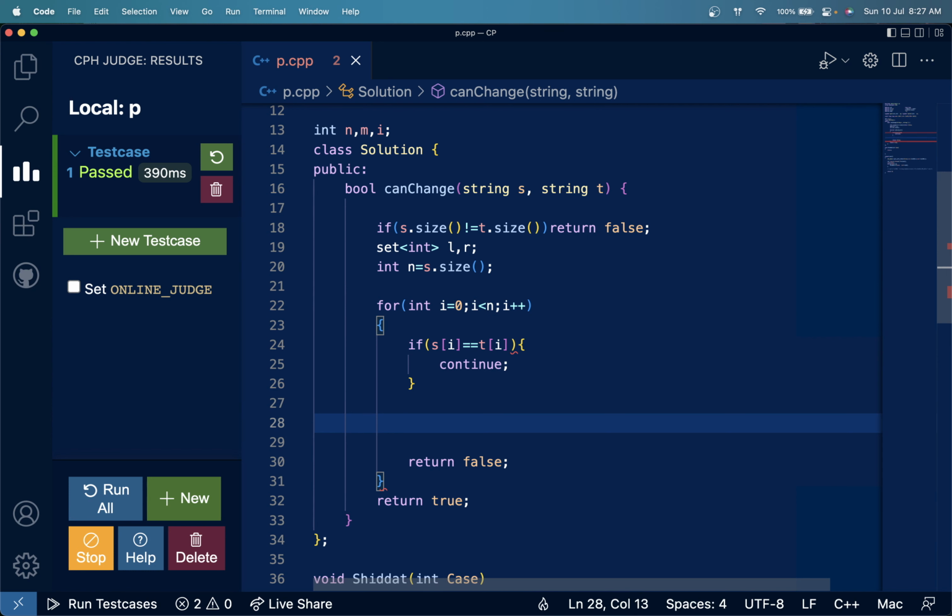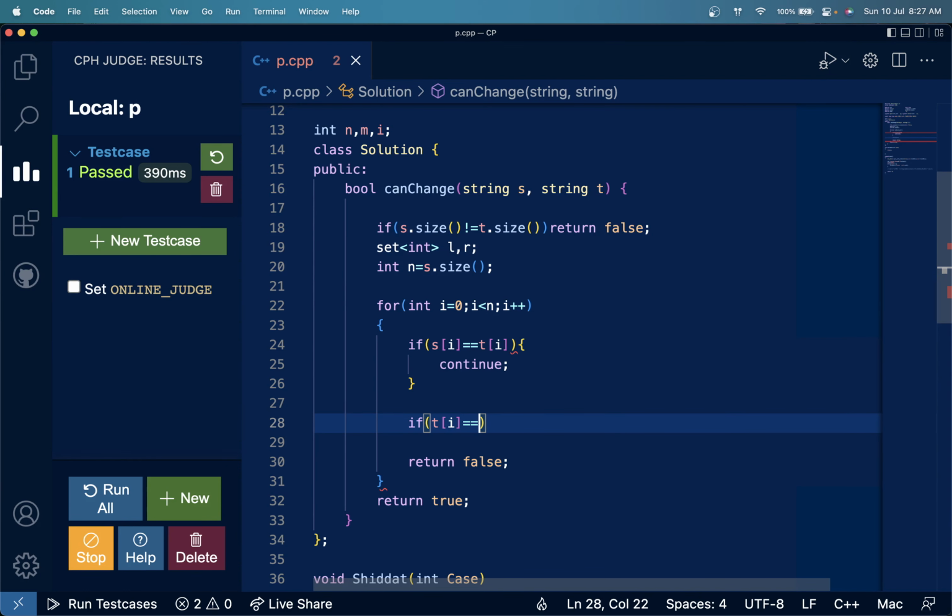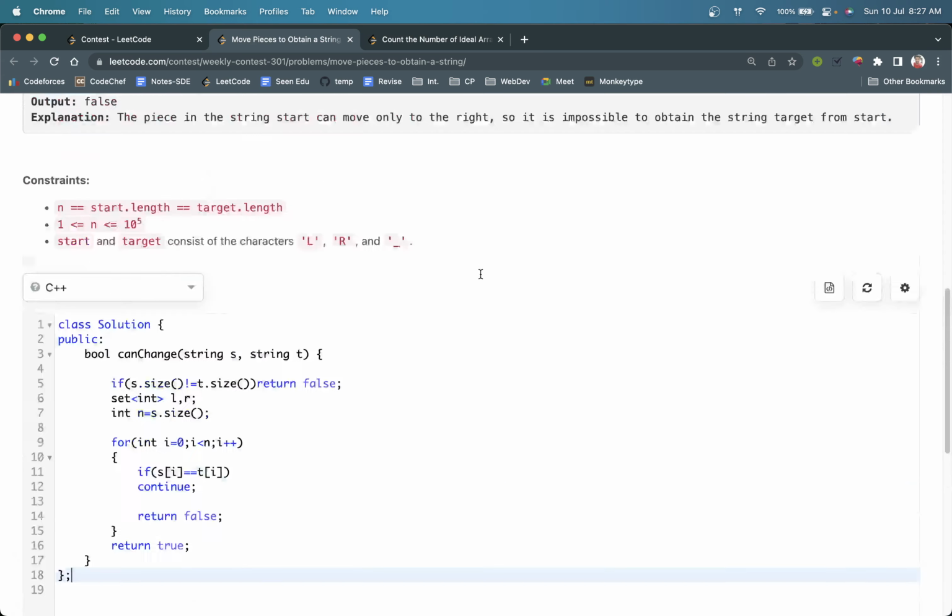Otherwise, time to switch. Then, if the target is dash, the target of y is equal to dash.